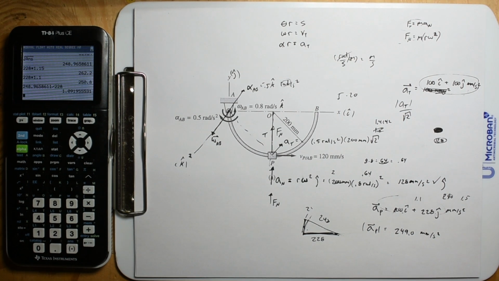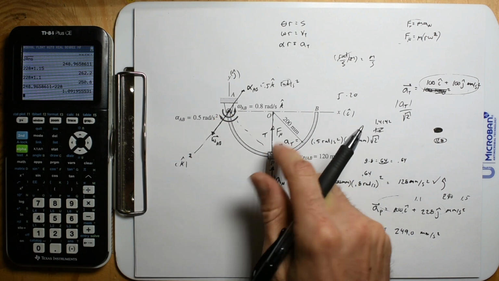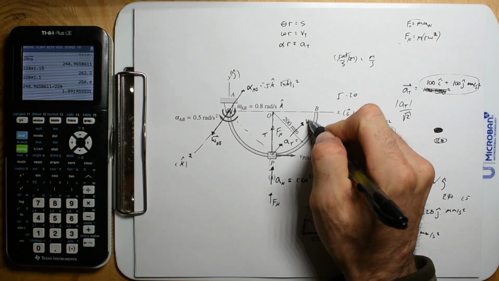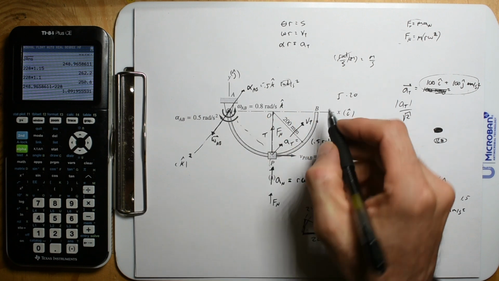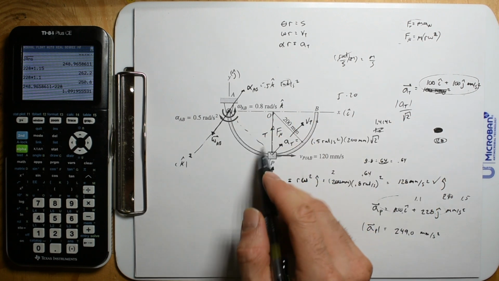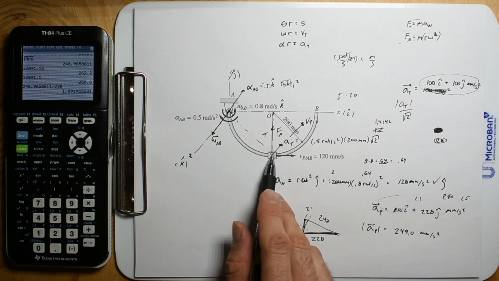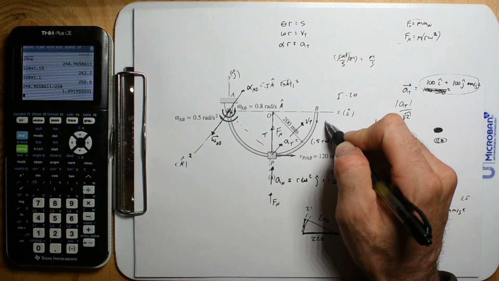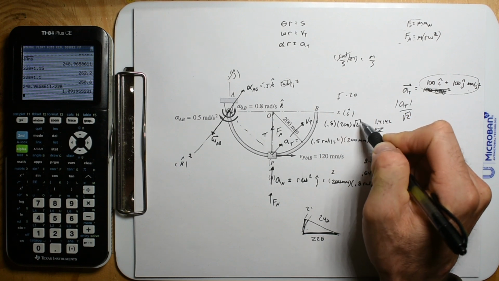All right, now let's do the velocity, because we know if this is the omega, we have a tangential velocity here. Velocity tangential is going to be this times the distance. The distance is 0.8 times 200 square root of 2.